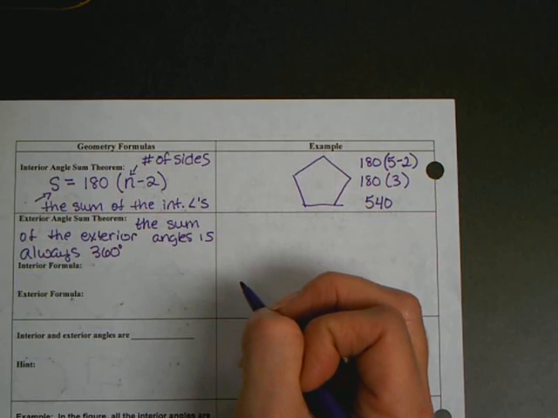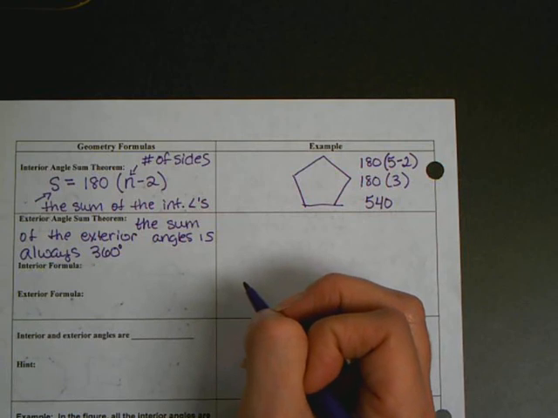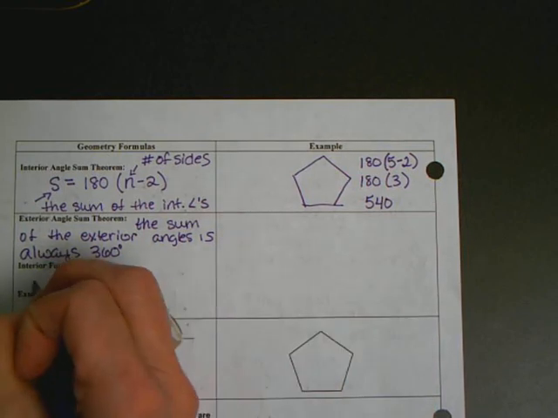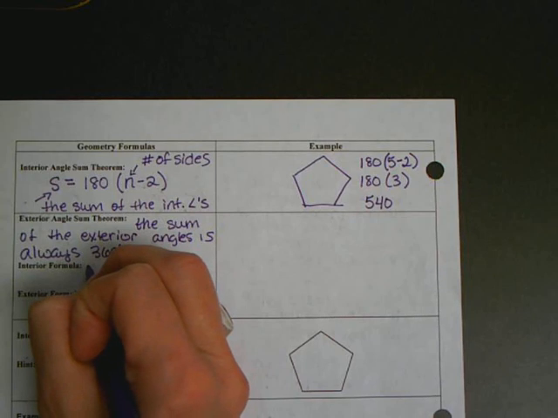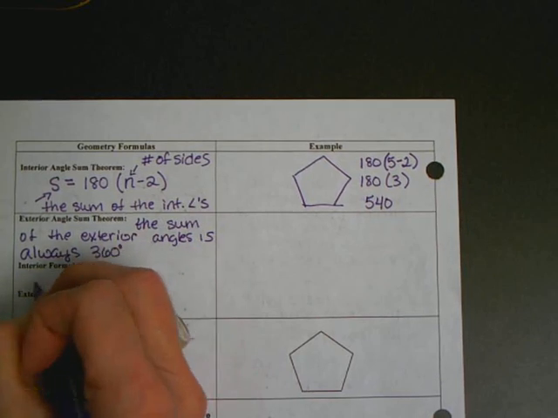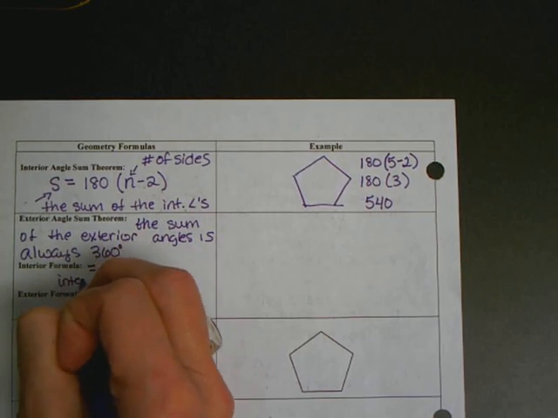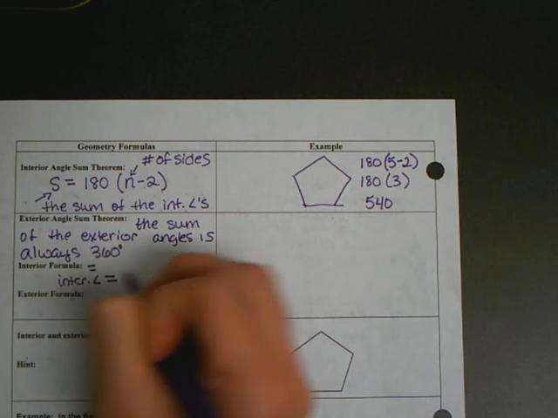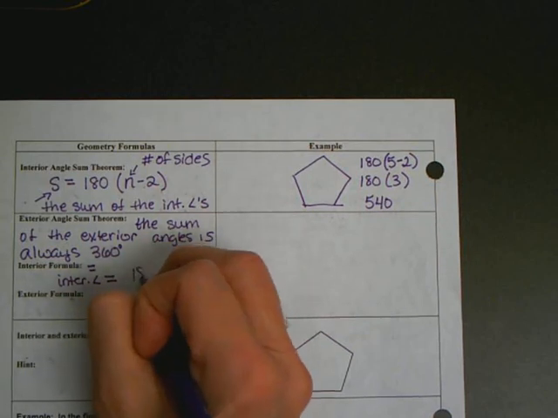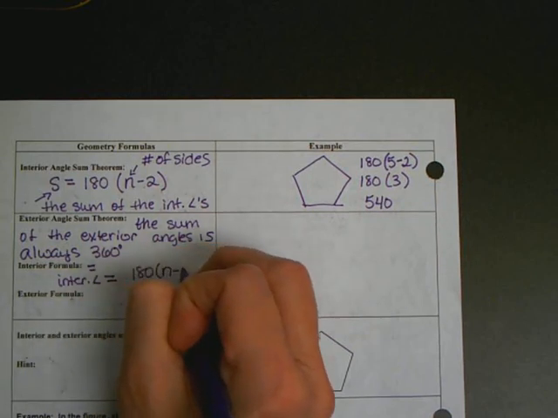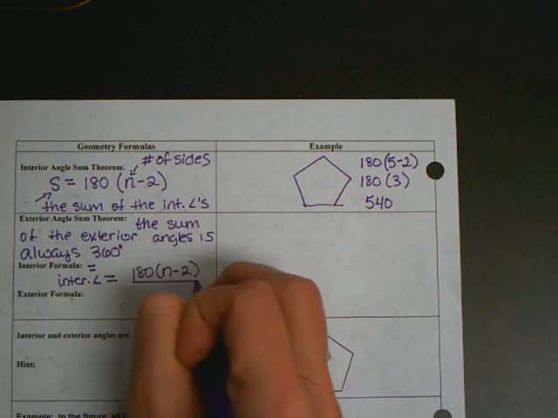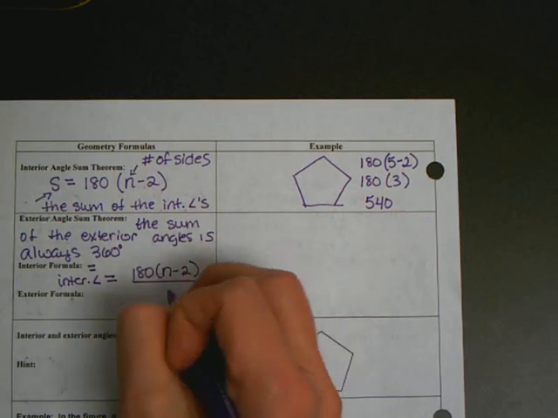So, if we want to find out how many degrees each interior angle has, what we're going to do is write a little formula. The interior angle formula is equal to 180 parentheses n minus 2 divided by n.